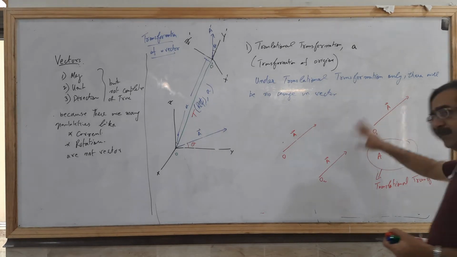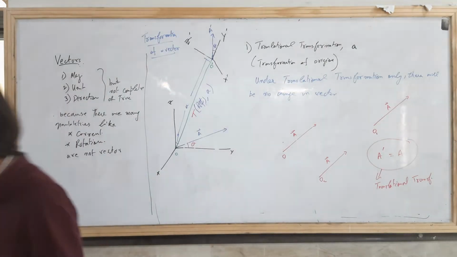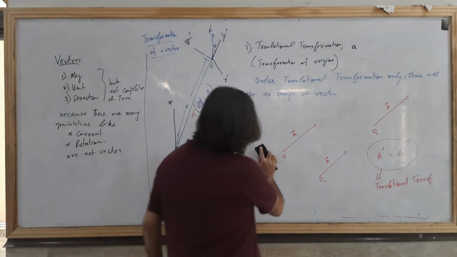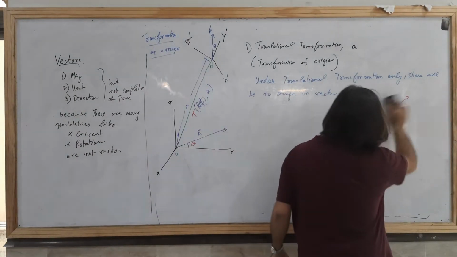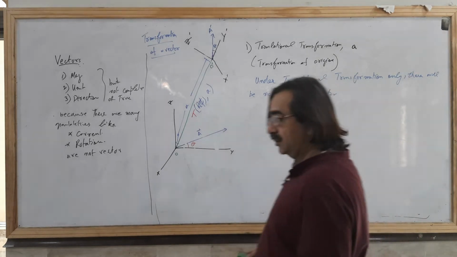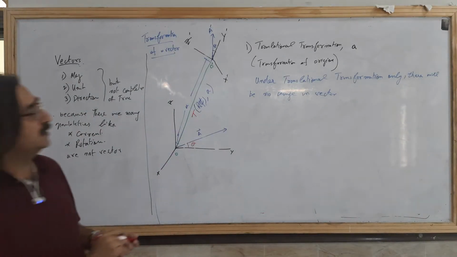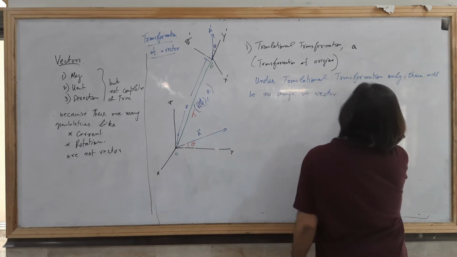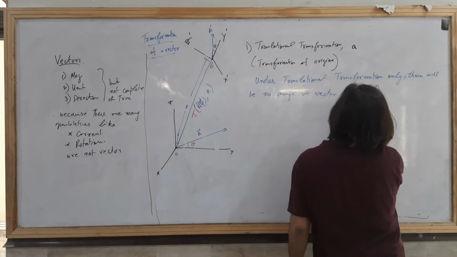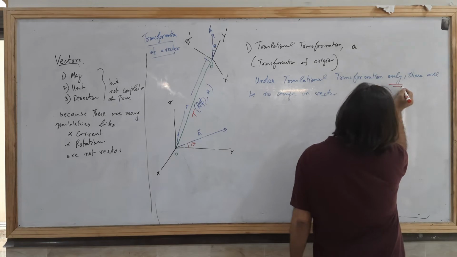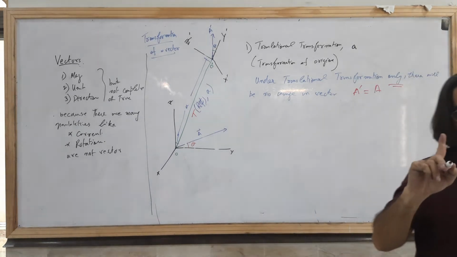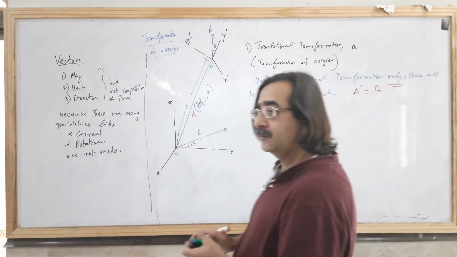May I erase it? Under the translational transformation, A dash will remain A, but the condition is that there is only translation, with no rotation. Got it?